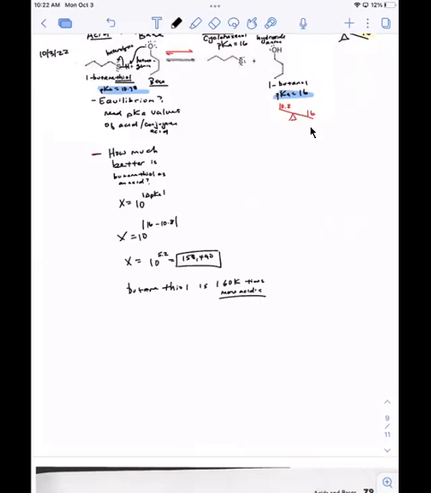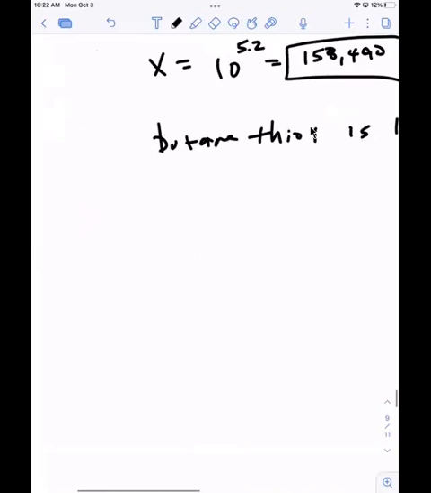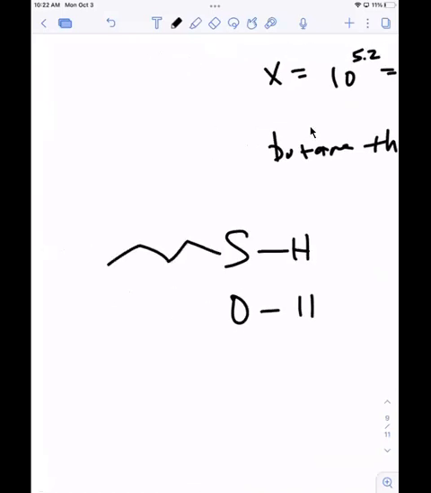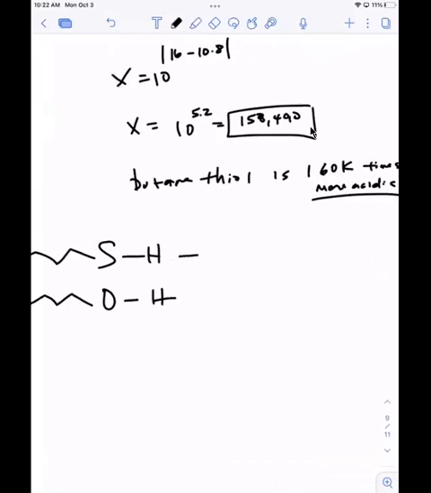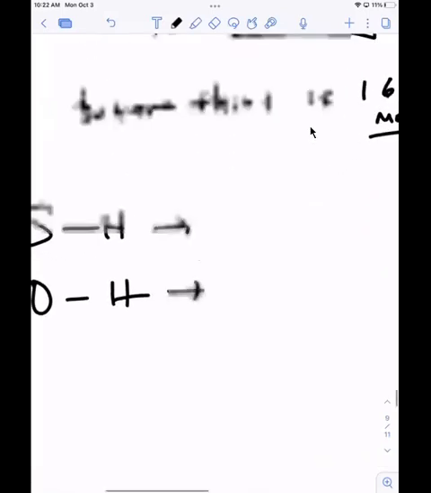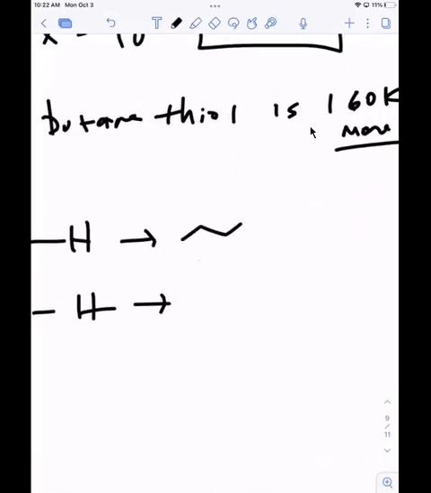Now let's think about what that means. Very good question. So let's say, what do acids do again? So that's butane thiol, and that's butanol. And we're going from here to here. Is that right?